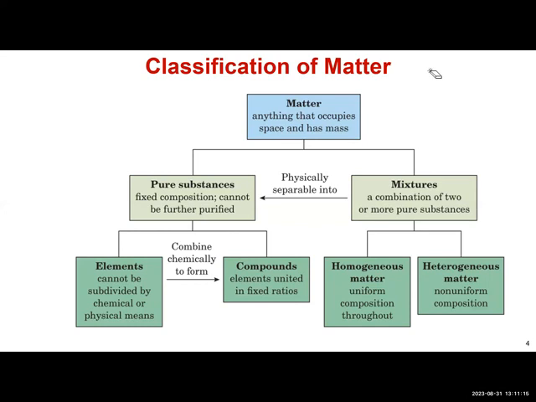Pure substances are elements or compounds. The difference between an element and a compound is that elements are made out of only one kind of atom. Compounds are made up of two different elements with two different types of atoms.